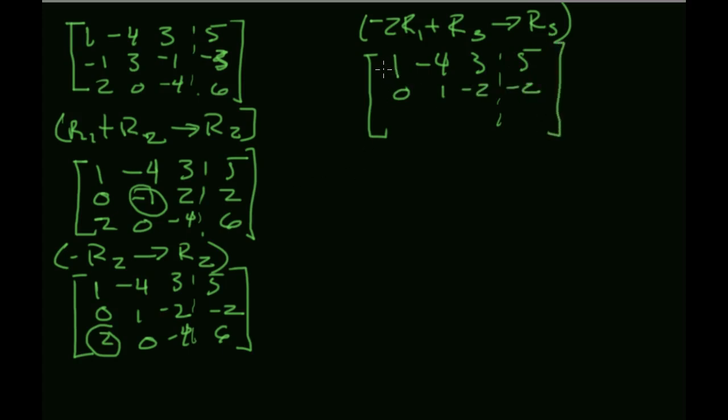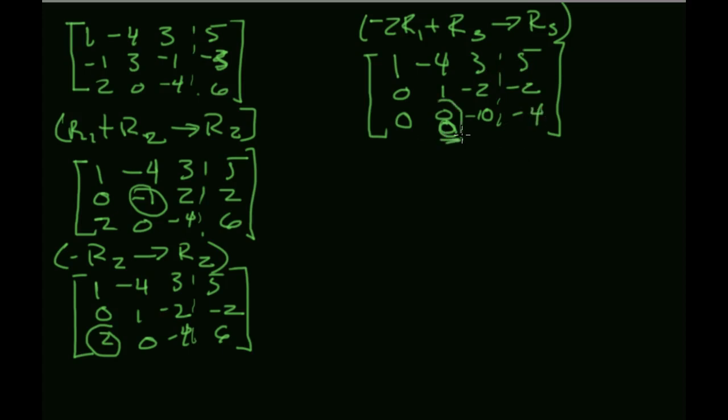And now we're going to multiply this by negative 2 and add it to the third row. So this is going to be 0. Negative 2 times negative 4 is 8, plus 0 is 8. Negative 6 plus negative 4 is negative 10. And negative 10 plus 6 is negative 4.